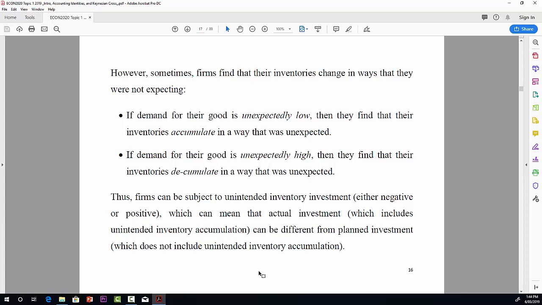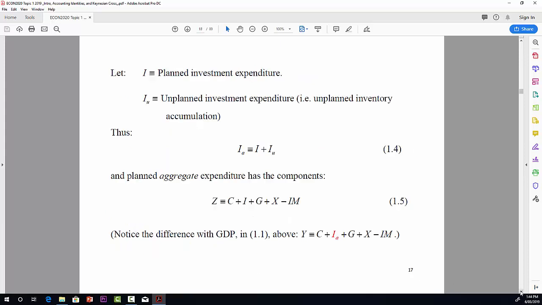So this means that actual investment can be different from planned investment, because actual investment includes this volatile, unintended inventory accumulation, whereas planned investment typically does not include that. So a little bit more notation.